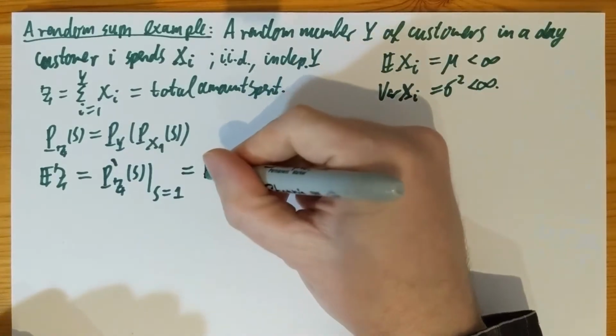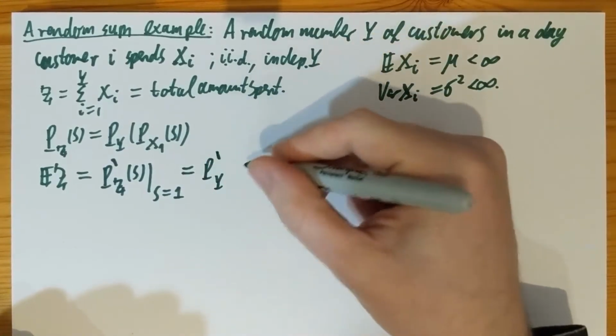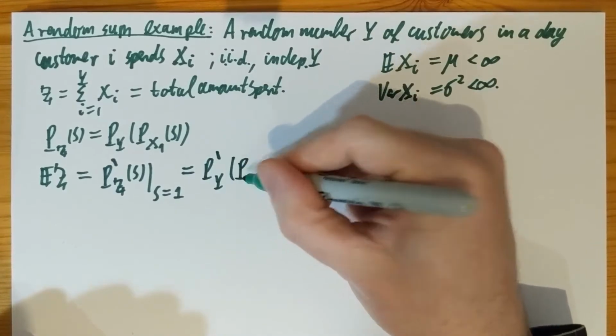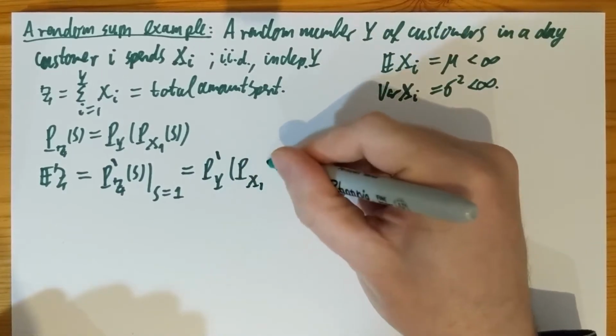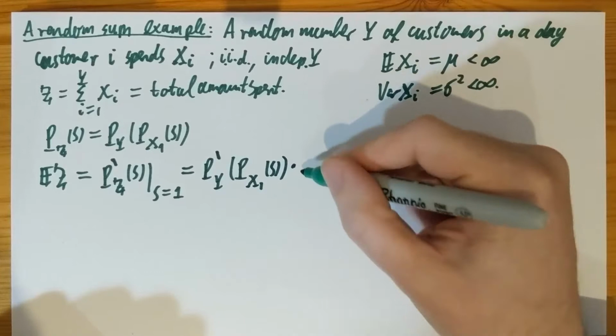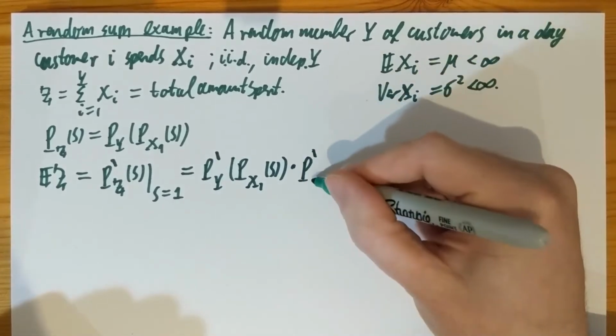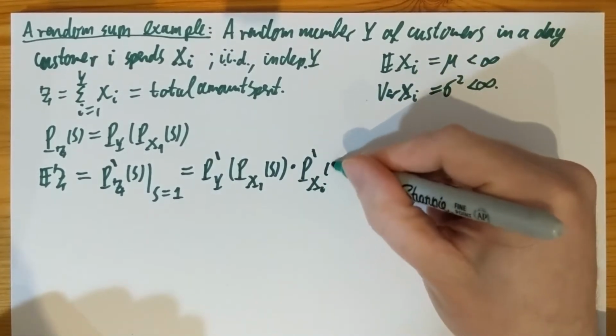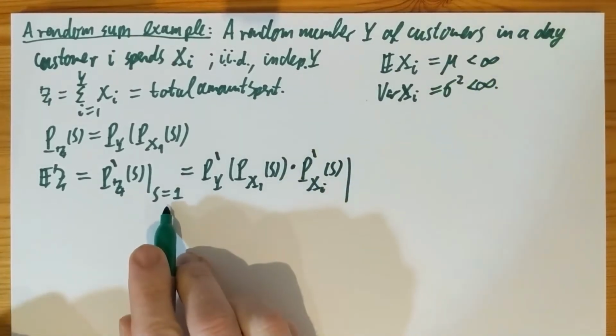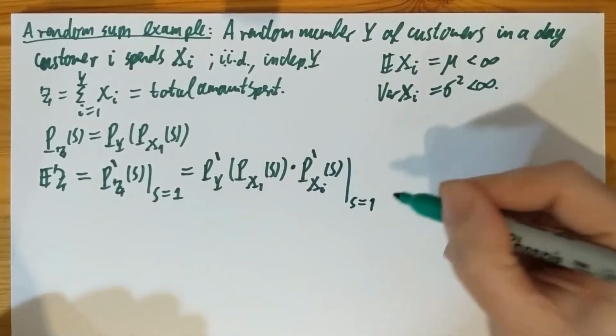How do you differentiate a composite function? You differentiate the outer one, so P of Y, and you leave what's inside, but then you multiply with the derivative of the inner function, and finally I need to plug everything in at s equals 1.